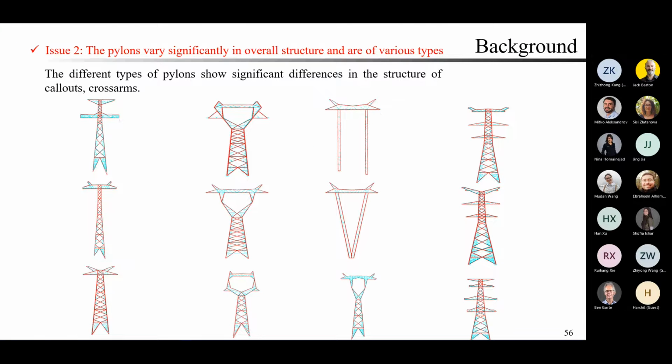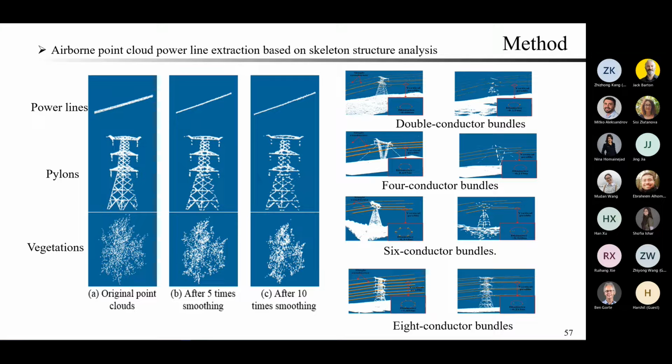Another issue is we need to model the different pylons, but the pylons have different shapes. So if we are going to have automatic reconstruction, we need to develop a more general algorithm to do the job.